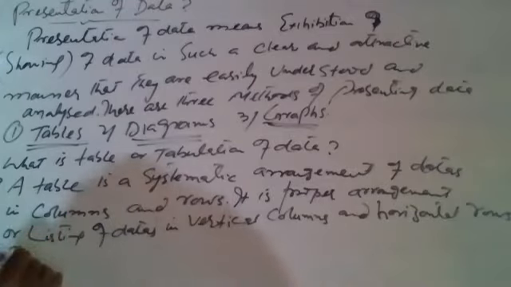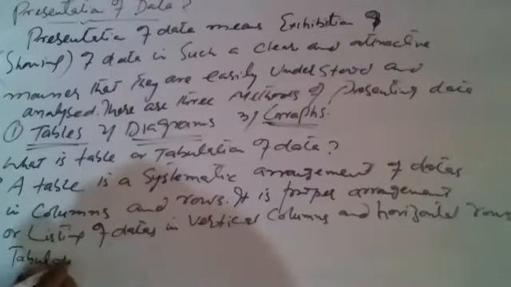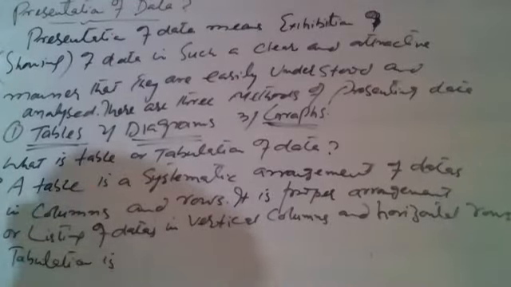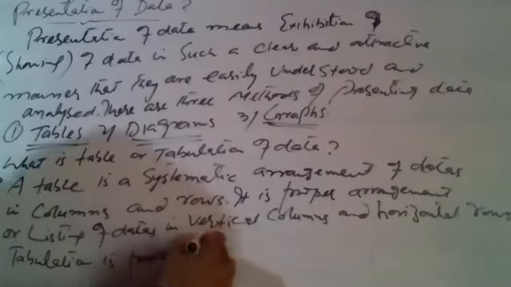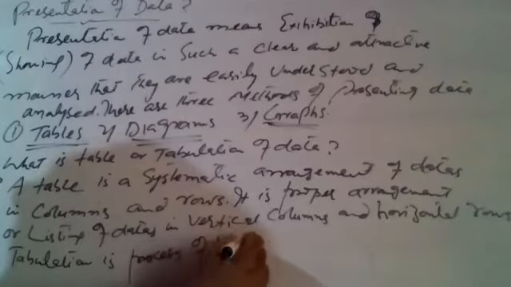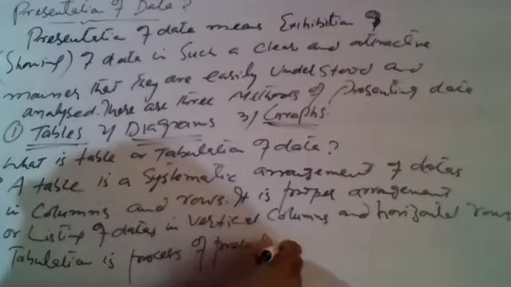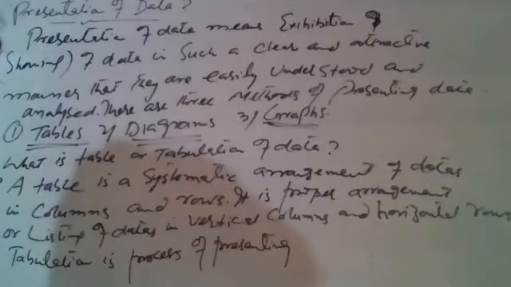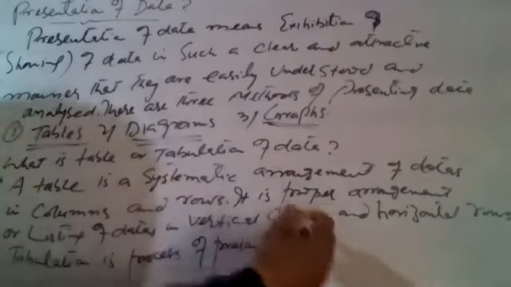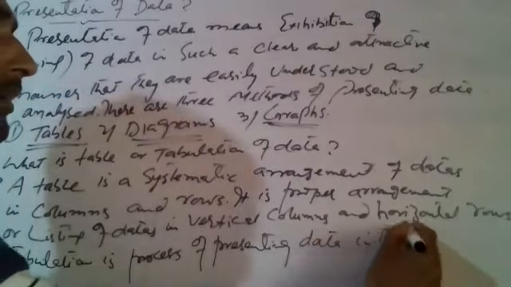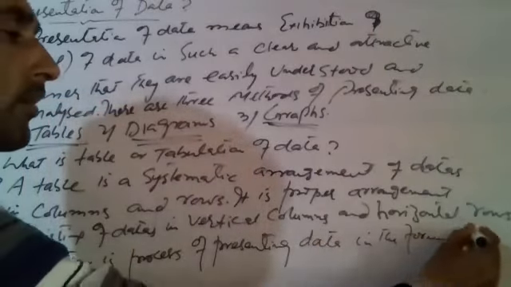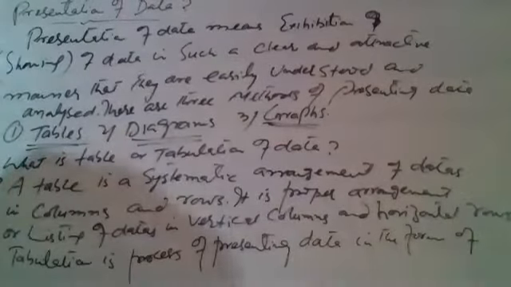A table is a systematic arrangement of data in columns and rows, and tabulation is the process of presenting data in the form of a table.